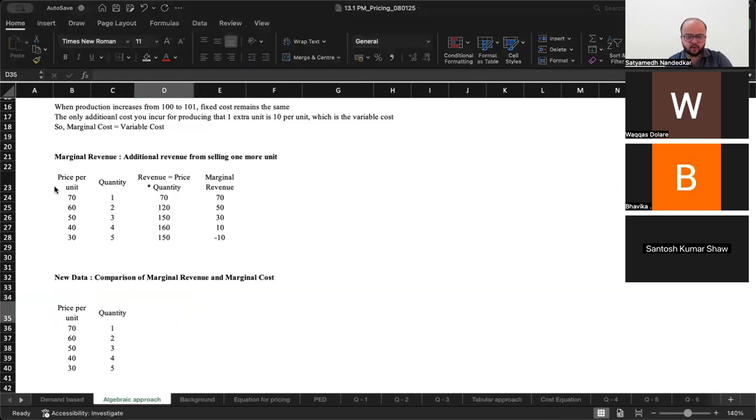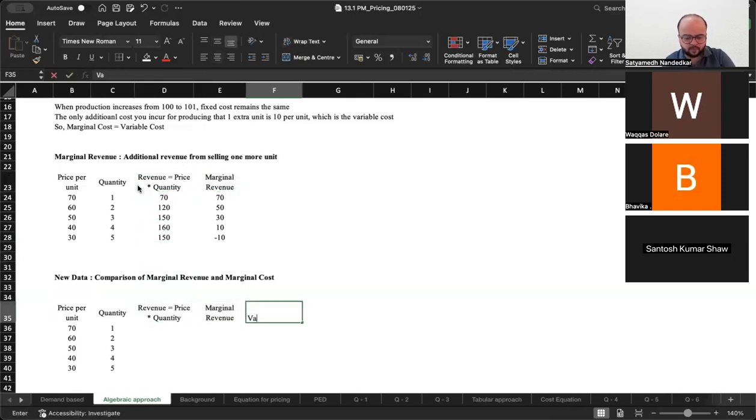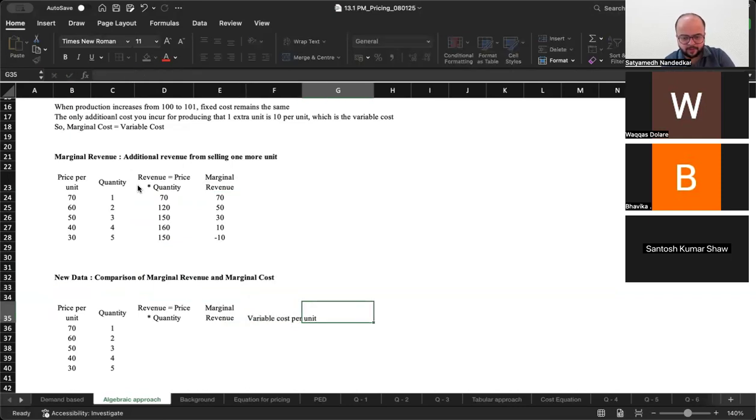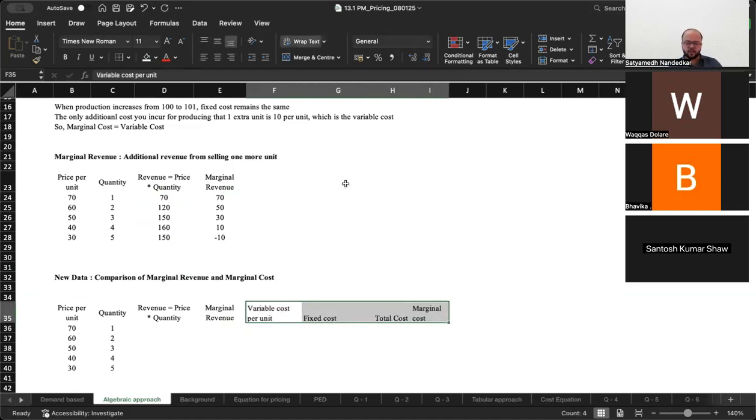Price per unit, quantity, revenue, marginal revenue. Variable cost per unit, fixed cost, total cost, marginal cost. ठीक है. इसका भी एक रिलेशनशिप we'll have to show and prove here.